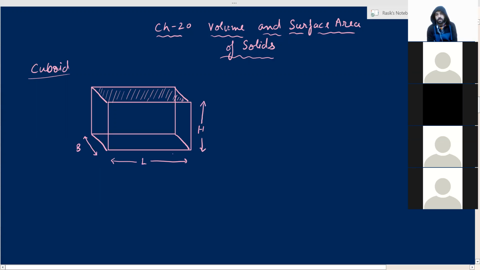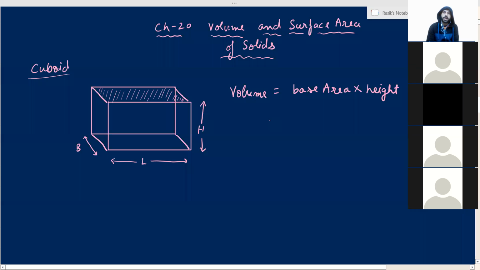Length, breadth, and height. Three dimensions. The volume of any solid, remember the formula. Volume of any rectilinear solid is base area into height of the solid.